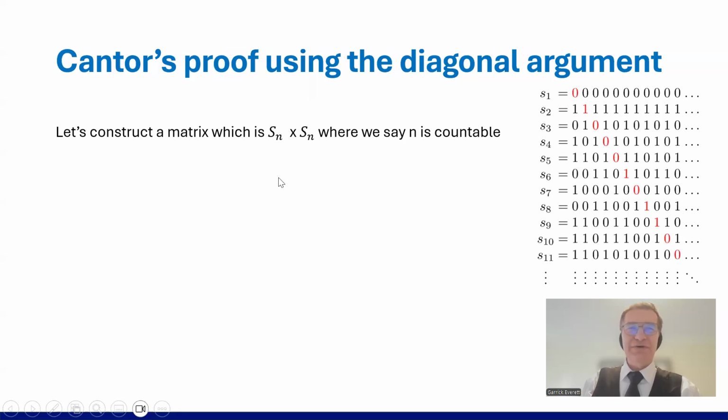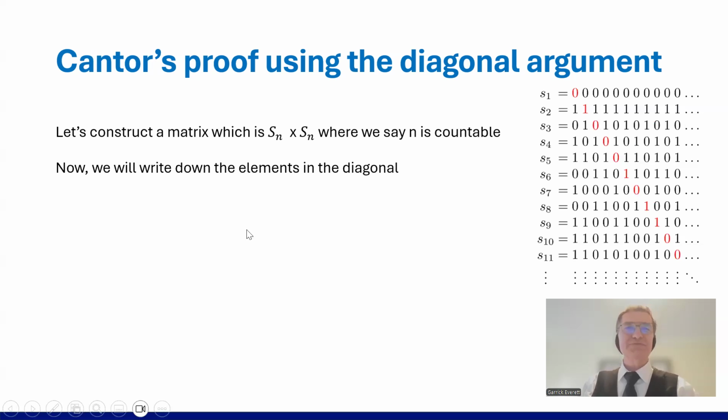Now we're going to write down the elements in the diagonal, which are highlighted in red in this instance. So they are 0, 1, 0, 0, 0, 1, 0, 1, 1, 0, 0, etc. So that's just that diagonal put in line. Okay, you with me? It's good.